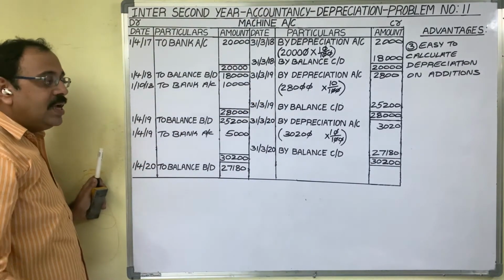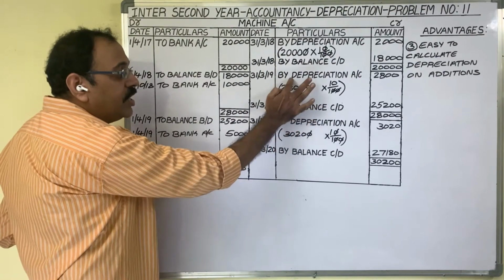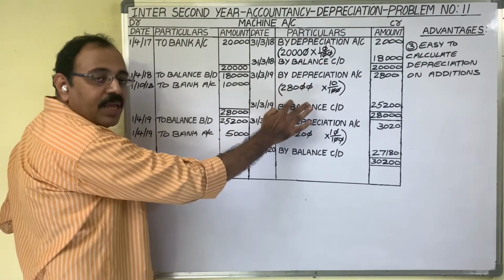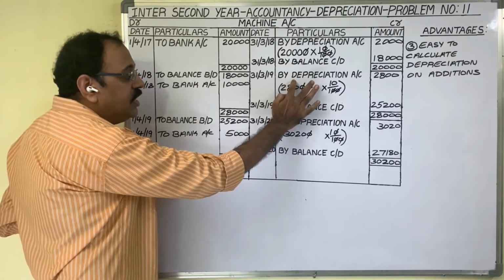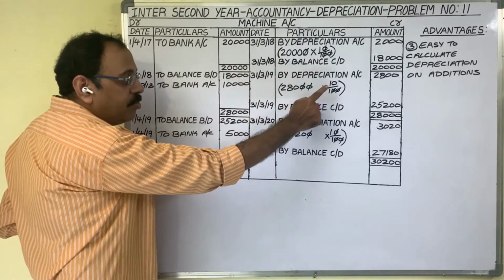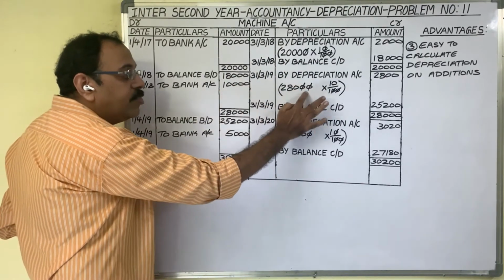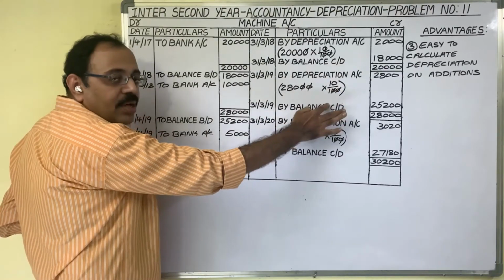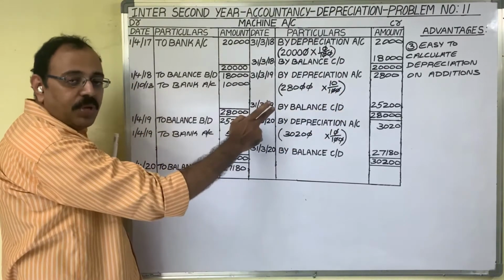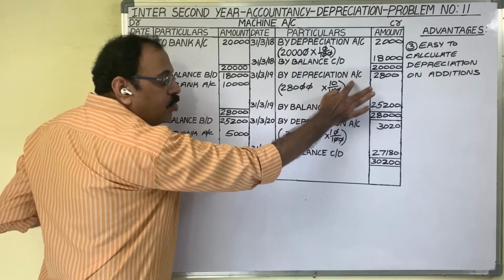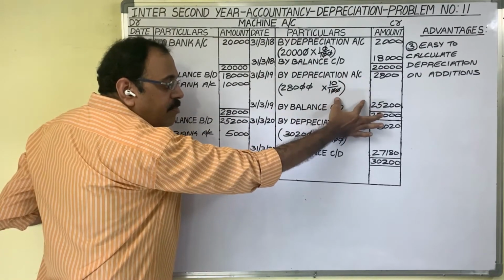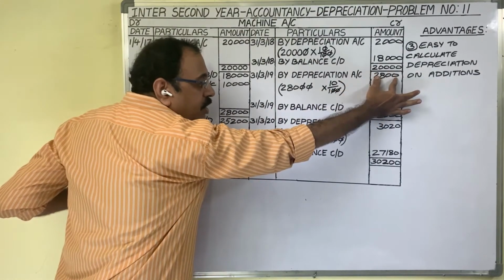In that case, we compulsorily have to provide the depreciation separately. So on the first asset, 18,000 into 10%, and on the second asset, 10,000 into 10% into 6 by 12, because we used it only for 6 months. In the inner column, two values come; add them and write down the total depreciation in the outer column.